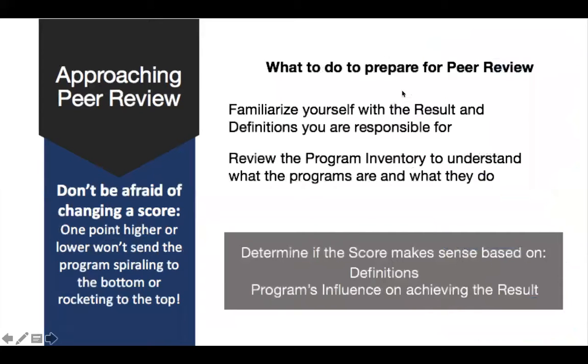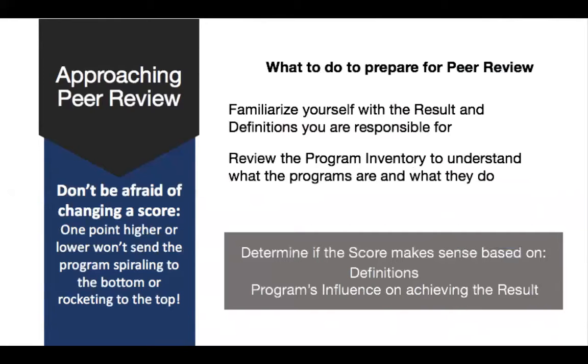Just to give you commonly asked questions as we get into peer review. Do not be afraid of changing a score. The entire purpose of peer review is to get the true and honest evaluation of each program.